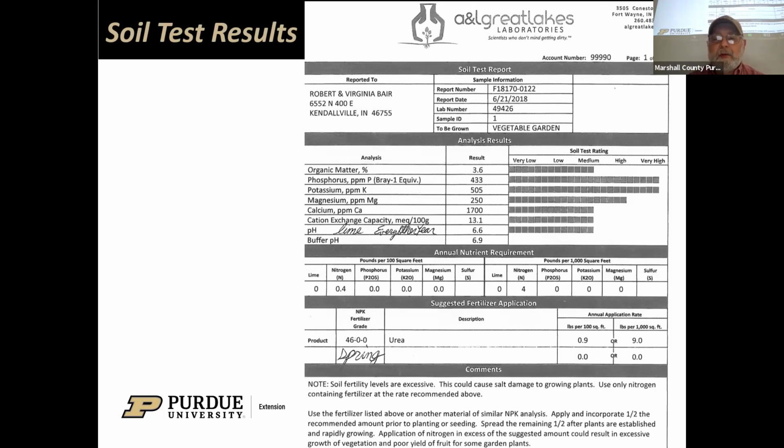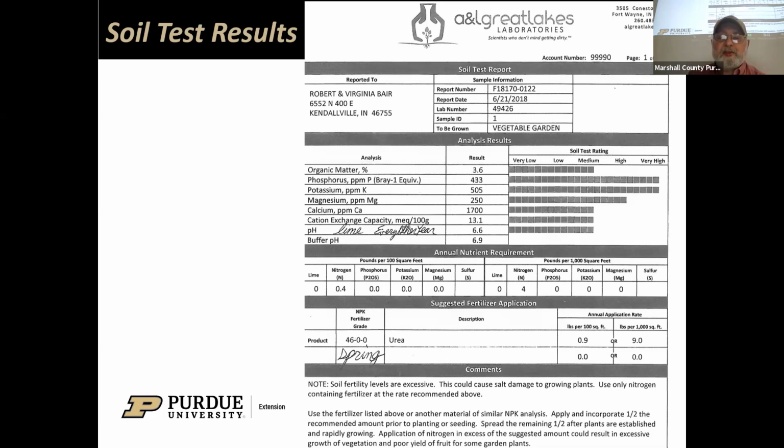The concern here would be like calcium is at a medium level, and that's pretty typical for northern Indiana soils, actually. But we usually consider that not to be one that we need to fertilize or add unless we need to change the soil pH.